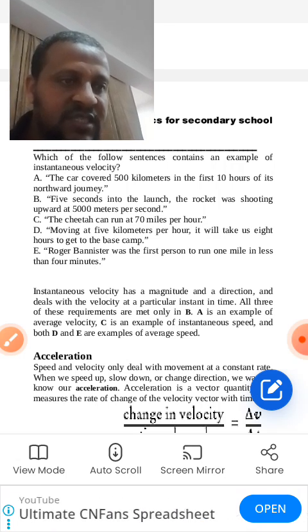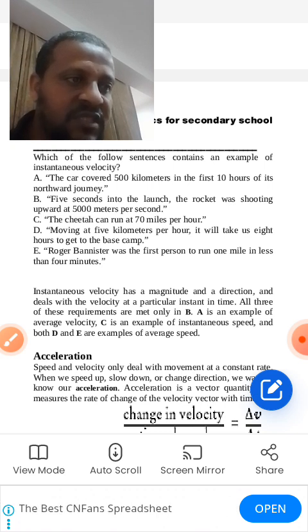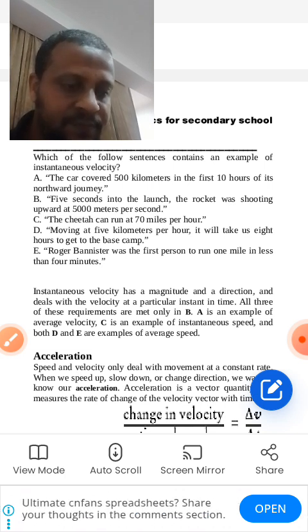C. The cheetah can run at 70 miles per hour. D. Moving at 5 kilometers per hour, it will take us 8 hours to get to the base camp. E. Roger Bannister was the first person to run 1 mile in less than 4 minutes.